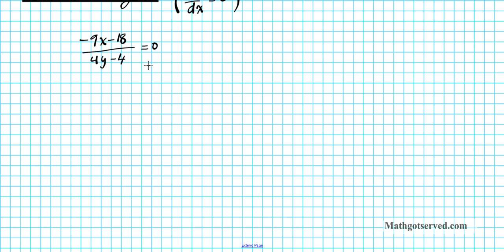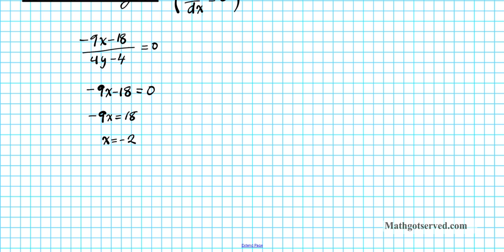If we cross multiply, we're going to end up with negative 9x minus 18 equals 0. So in essence, our focus is the numerator. If we add 18 to both sides, we'll have negative 9x equals 18. Divide both sides by negative 9. You end up with x equals negative 2. So that's the x-coordinate of the points where you have horizontal tangents.